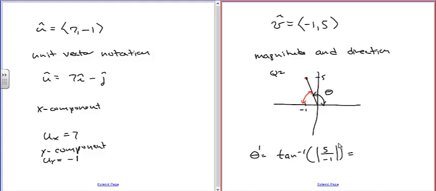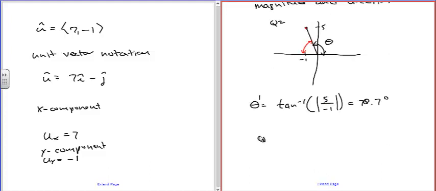Now in this case, I'm using degrees. Vectors, we use degrees. So you take the inverse tangent of 5, because negative 1 absolute value is 1. So you get 78.7 degrees.